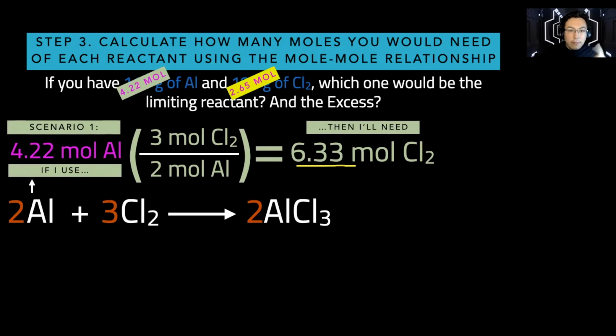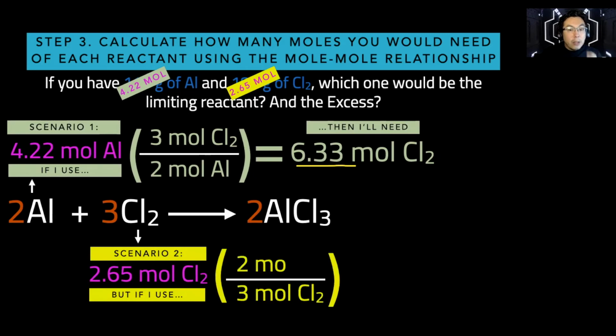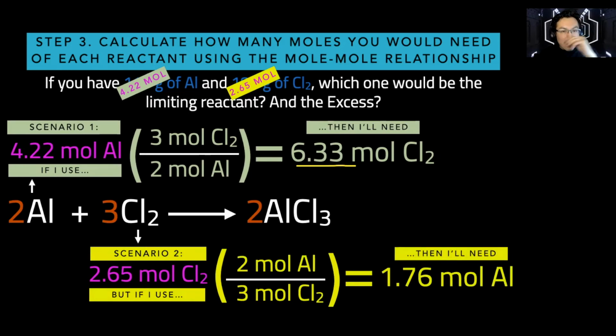All right, so let's keep that in mind. Let's do scenario number 2. If I use my entire stash of chlorine, how much aluminum would I need? By doing the ratio, again, using the data from the equation, I'll find out that I will need 1.76 moles of aluminum.